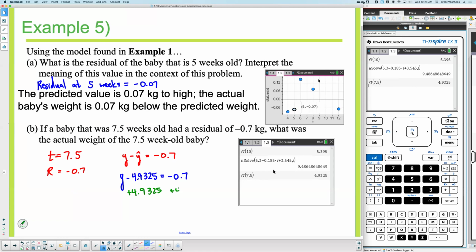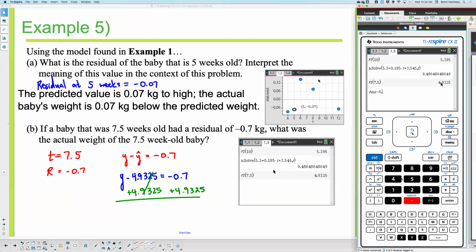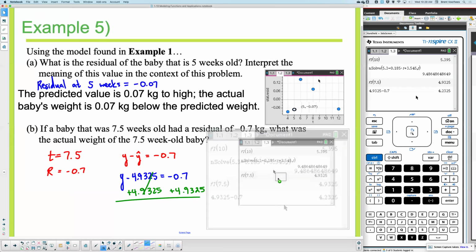Again, you could round your value. I didn't round this one just because if I added one decimal, I'd have the exact number, so I just left it. I'm going to add that. So I'm going to take this number that I just got, and I'm going to subtract 0.7 from it. That's the same thing. 4.9325, that's a positive 4.9325, and I'm subtracting 0.7, and I got 4.2325. That's my actual value.